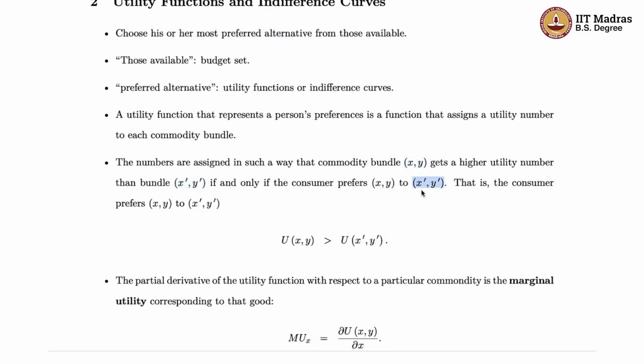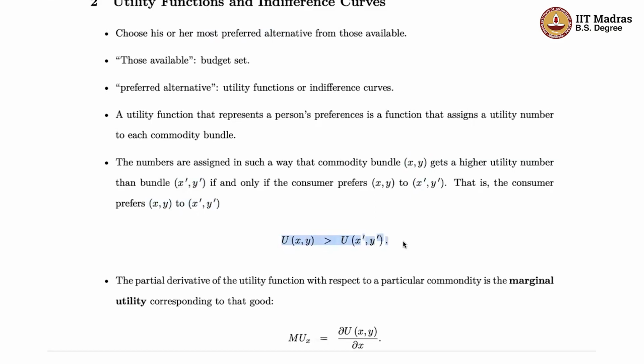That means they prefer X, Y to X prime, Y prime if and only if the utility from X, Y is more than the utility from X prime, Y prime. So this equation tells us the consumer prefers X, Y to X prime, Y prime, and also if the consumer prefers X, Y to X prime, Y prime, then this equation holds.